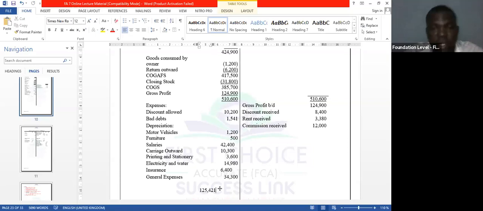But the next thing for us now is to add this side together. If we add this side together, it is going to give us a total sum of 1,048,680. If this gives 148,680 and 25,421, it means what will be our net profit?